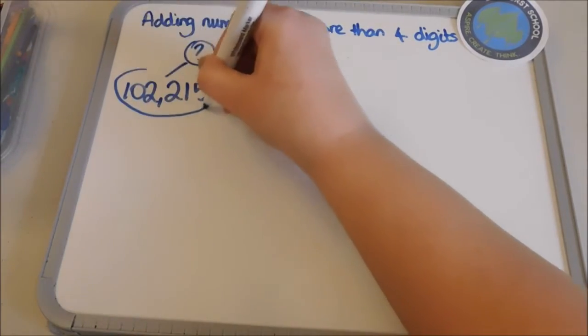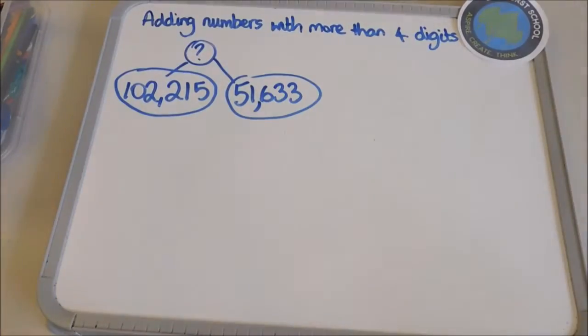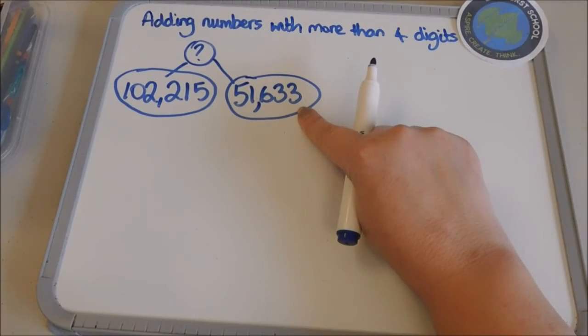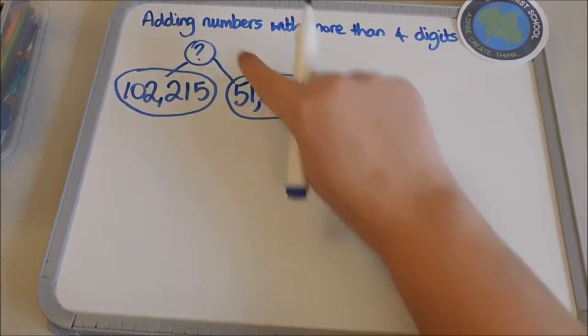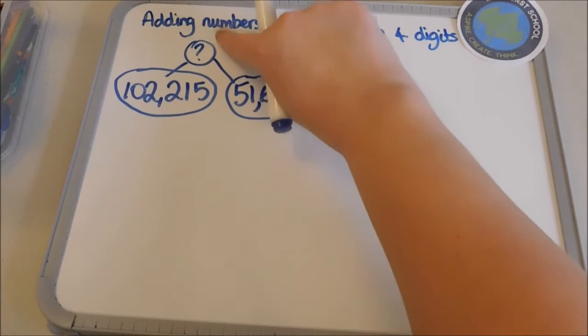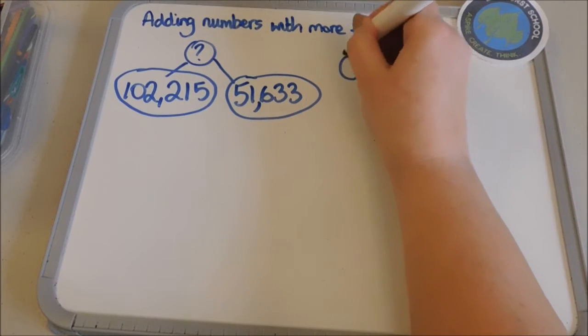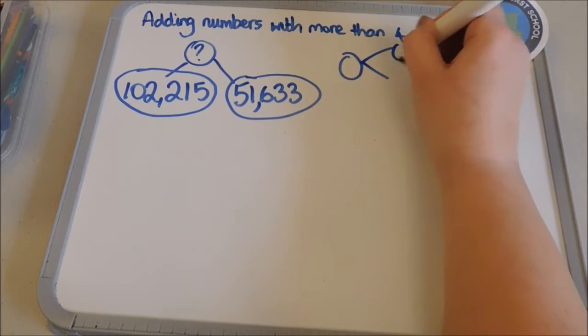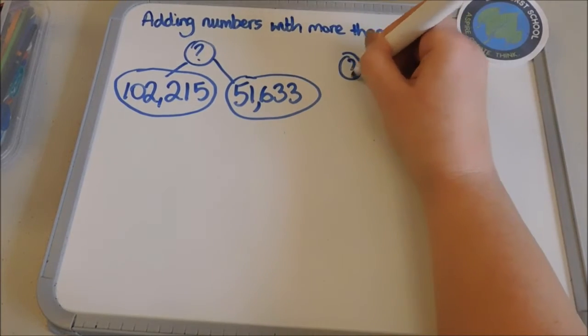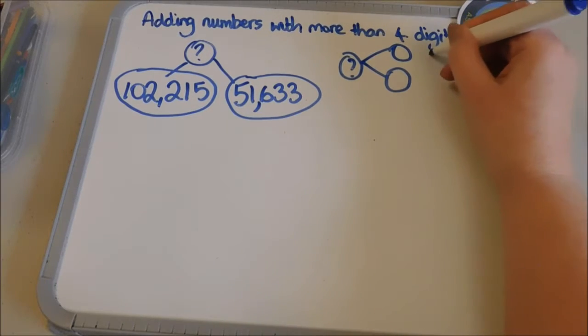Now your children might be shown what they need to do in a number of different ways. So this is a part-whole model. So children have the 2 numbers here, and that is saying what's the answer. And that could be shown in a number of different ways. So it could be shown on its side like this, with the numbers inserted here.